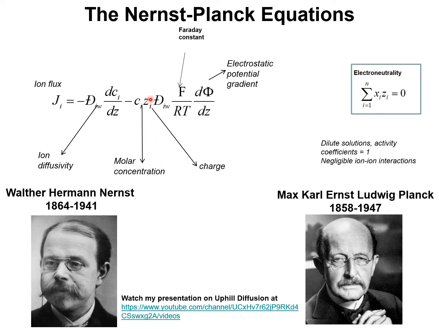We note that for positive ions, z is positive, and for anions, z is negative. Therefore, the second contribution, which I termed the electrostatic leash, is either positive or negative depending on the species charges.